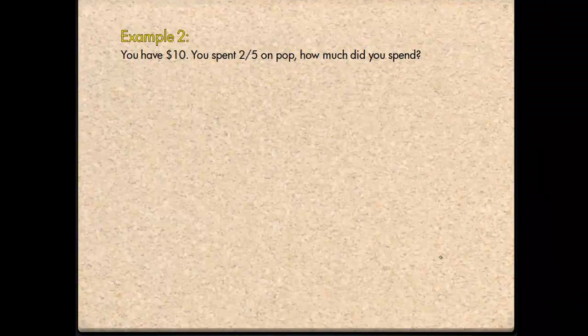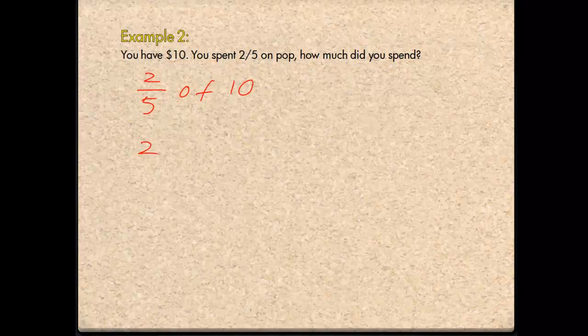Example 2. Let's say it's a weekend, and your parents gave you your allowance of $10. However, over the 2 days, you realized you spent 2/5 of it on pop. You want to find out how much you actually spent on pop. So first, what we have to do is realize that this question is actually asking what is 2/5 of 10, which is the same as 2/5 times 10, or 2 over 5 times 10 over 1.